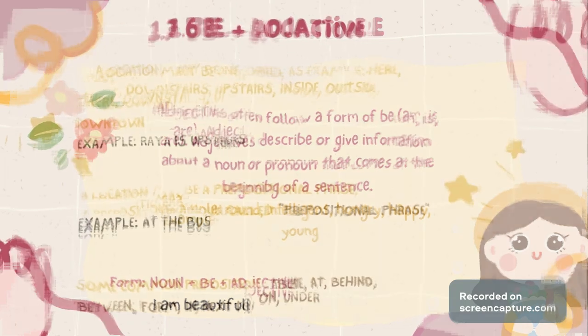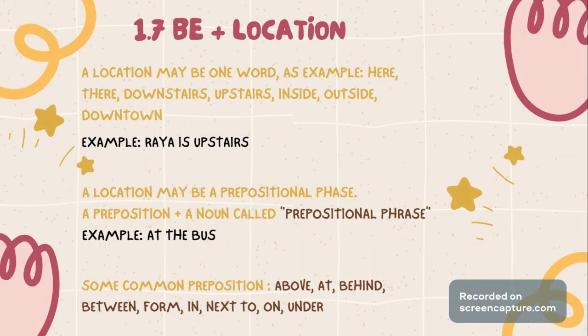Next slide. Be plus location. What is a location? A location may be one word. As example, here, there, downstairs, upstairs, inside, outside, and downtown. Example: Raya is upstairs, so the location is upstairs.